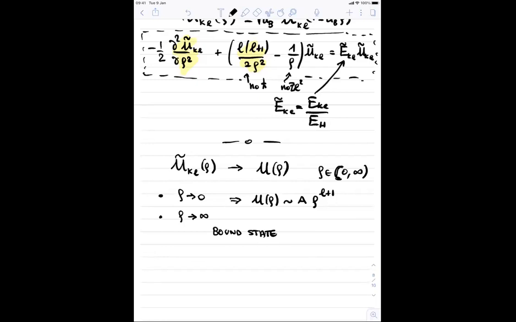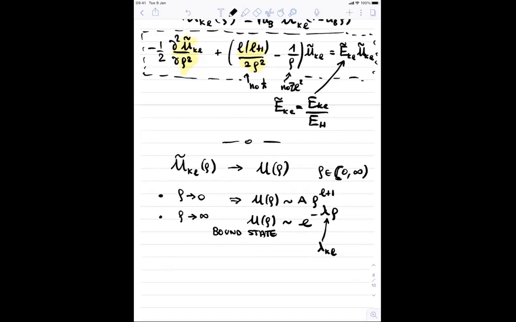So in order to have a bound state, the u of rho for large rho behaves like e to the minus some lambda rho. Obviously, this lambda is in reality depending on the k and the l.